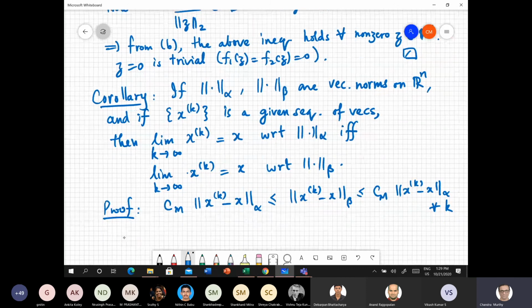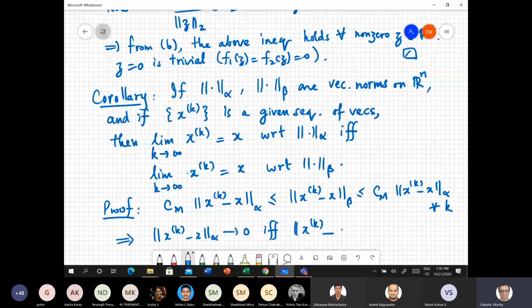That implies that xk minus x in alpha can only go to 0 if and only if this quantity is sandwiched between these two quantities. So if you want this to go to 0, then this side will also go to 0, and that's only possible if this one is also going to 0. If this is going to some non-zero quantity, then you can't have it sandwiched between these two if this is going to 0. So this is true if and only if xk minus x in beta goes to 0 as k goes to infinity.